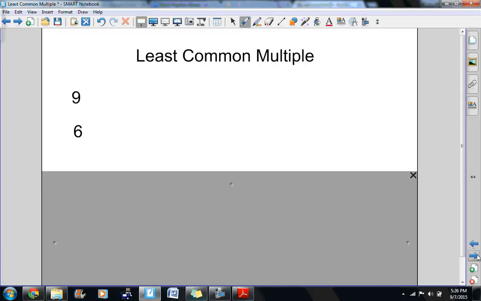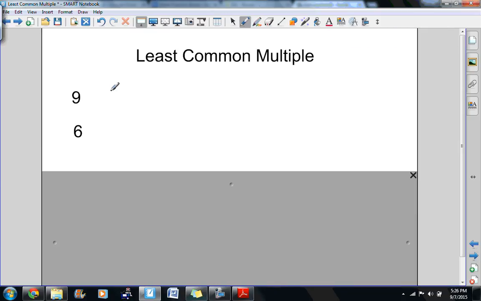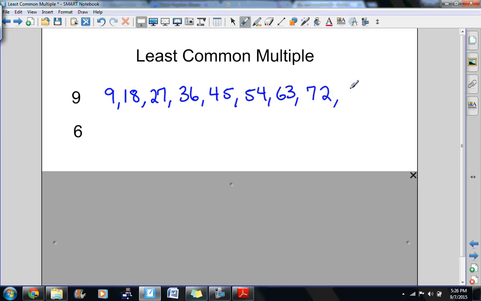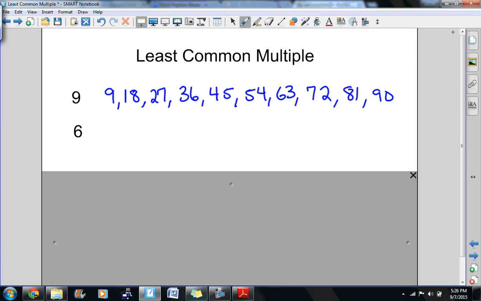So if we're looking for the least common multiple of two numbers, my trick, once again, is to always start with the largest number, and then I just write them in a list. I go 9, then 18, then 27, then 36, then 45, and then 54. And students ask me, like, well, when do you know to stop? And the answer is you really don't. But what this tells you when you're making this list is that you can have some targets for your second number.